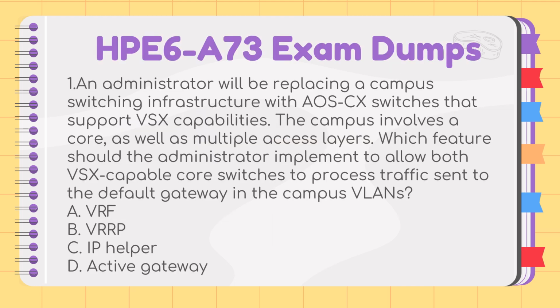1. An administrator will be replacing a campus switching infrastructure with AOS-CX switches that support VSX capabilities. The campus involves a core, as well as multiple access layers. Which feature should the administrator implement to allow both VSX-capable core switches to process traffic sent to the default gateway in the campus VLANs?